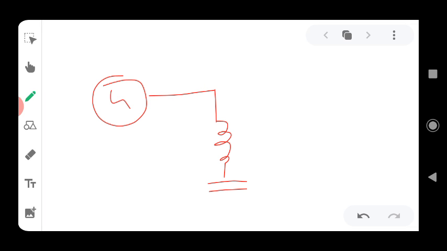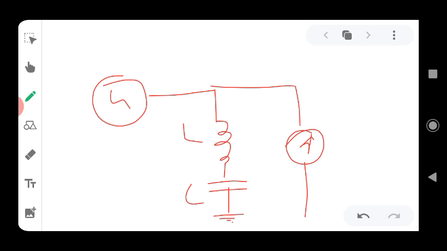See, now I'll just show you in this one. Say this is the source here, and we have connected one inductor and one capacitor, and this is connected to the earth. So this is a non-linear load. This is the case for fifth harmonics, an LC filter.